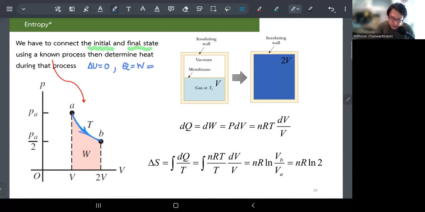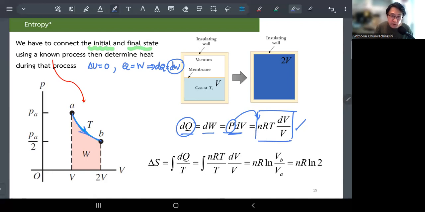So we turn this into differential change of both terms. And we already knew how to deal with the differential change of the work, it's PdV. So you arrive at this from the first law of thermodynamics, right? No problem. We already did this. You express your pressure to be nRT over V. So you already got the change of the heat. Change of the heat sounds really weird, but that's what I mean. It's a tiny heat that is exchanged in your system, equal to nRT dV over V.